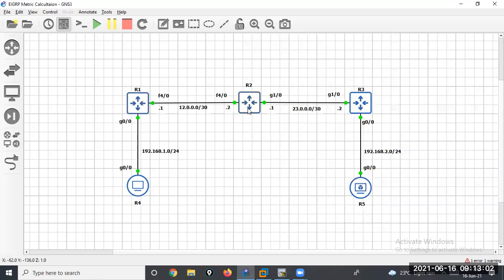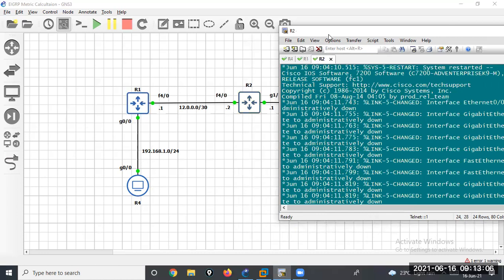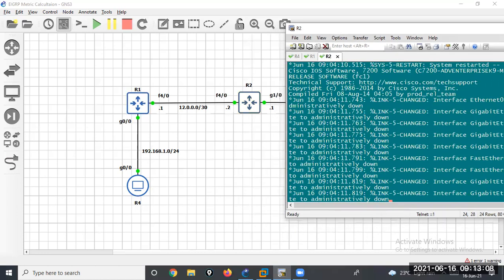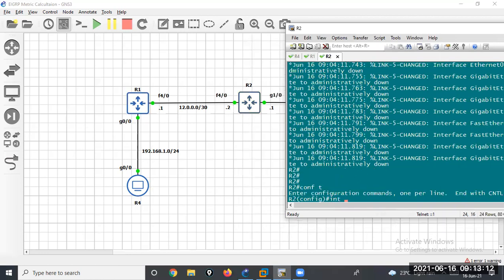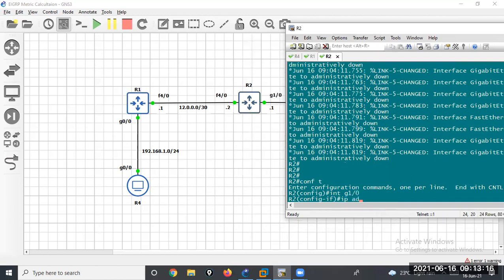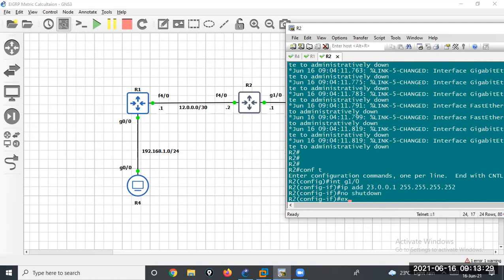Now click on router 2. In router 2, interface G1/0, IP address 23.0.0.1, mask is 255.255.255.252, no shutdown, exit.